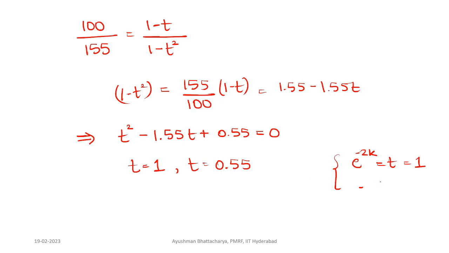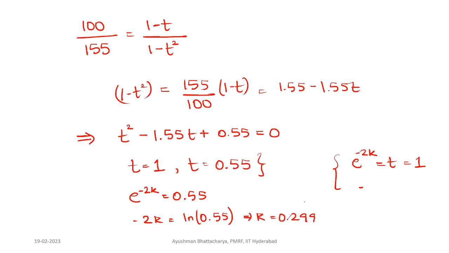So we have to take t equal to 0.55. Then e raised to minus 2k is equal to 0.55, so 2k comes out to be minus ln 0.55, which gives k equal to 0.299. The k value comes out to be 0.299.